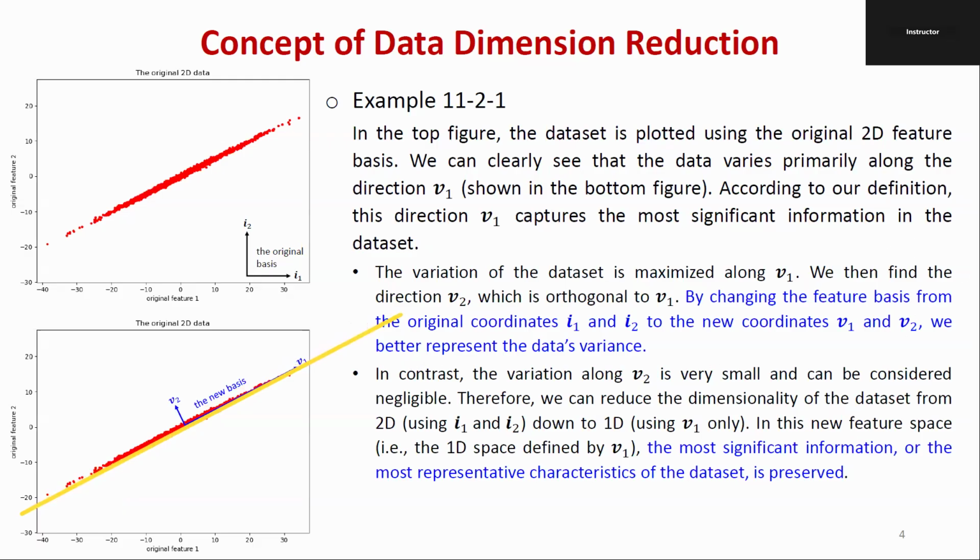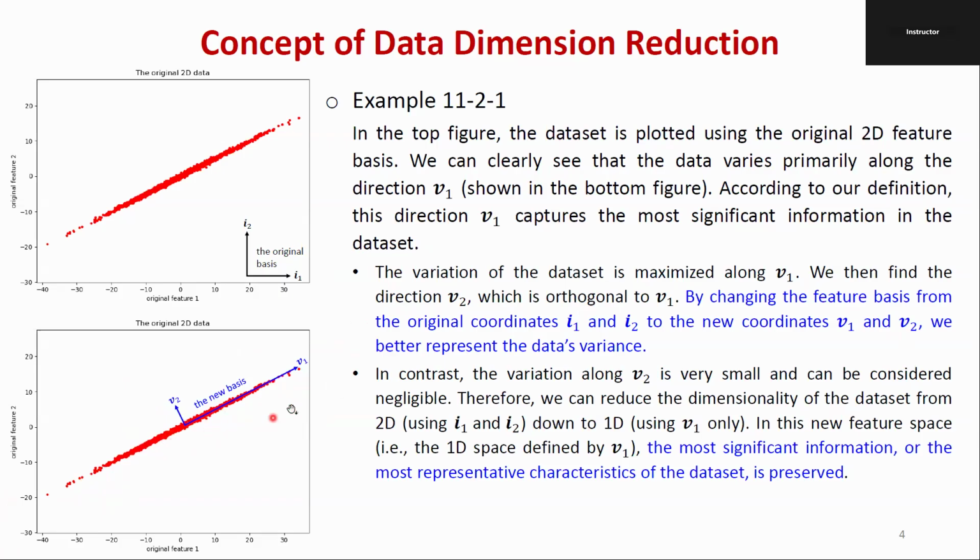In this kind of case, what's the point for me to keep V2? I can simply use V1 to show the whole data set. Why? Because along V2 there's almost no change, the data is very close. However, along the direction of V1, the data changes a lot, and this is the so-called significant information in this data set.